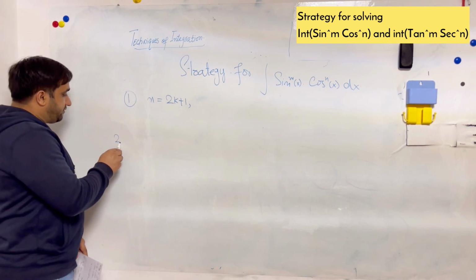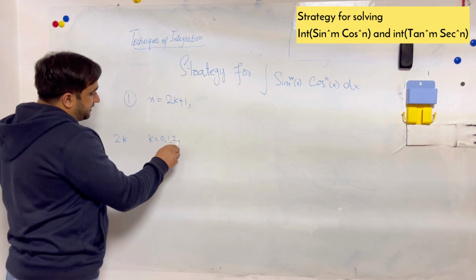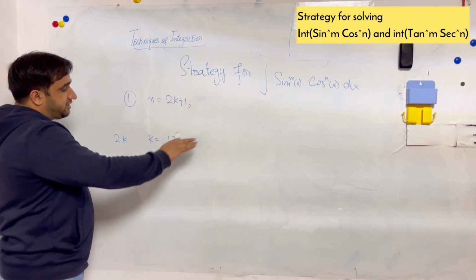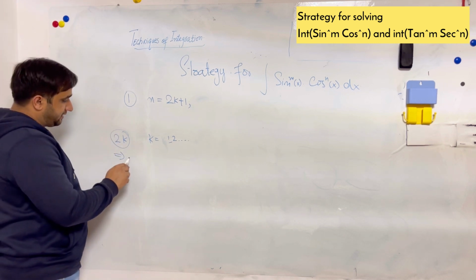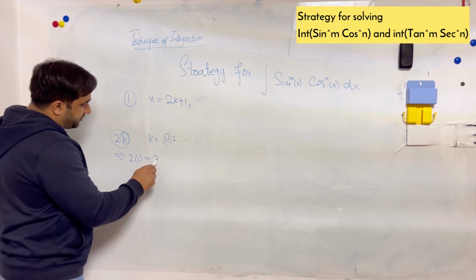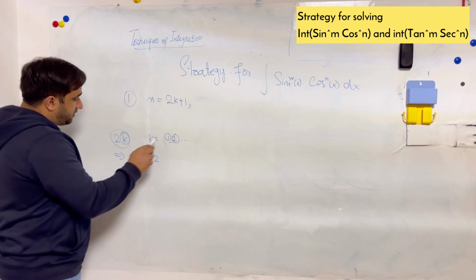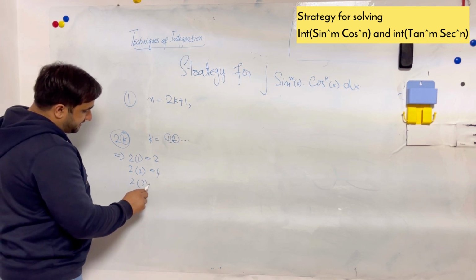If you have 2k for any k from 1, 2, 3, and so on, 2k means you will have an even number. If you pick the value of k as 1, it will be 2 into 1, 2. If you pick 2, it will become 2 into 2, 4. 2 into 3, 6.